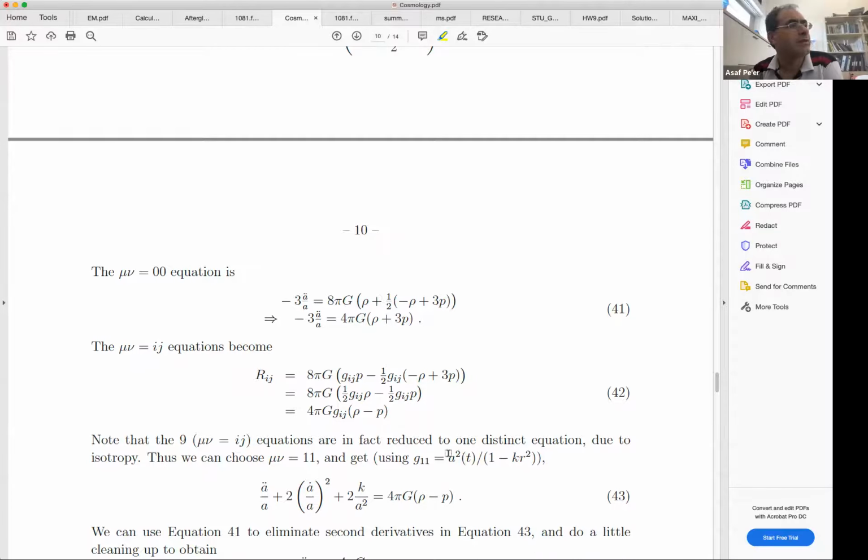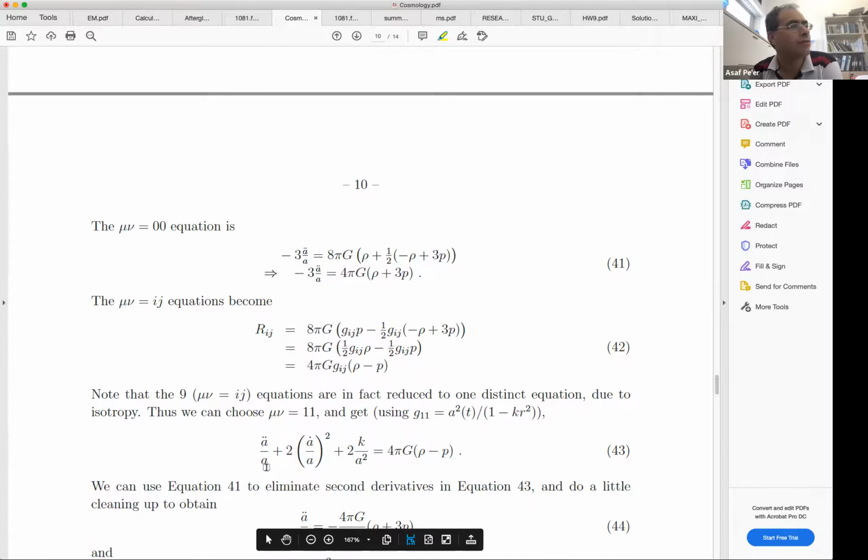And we still have this A squared, which is moved to the other side. So we end up with A dot dot over A plus 2 times A dot over A squared plus 2 times K over A squared is equal to 4 pi G times rho minus p.